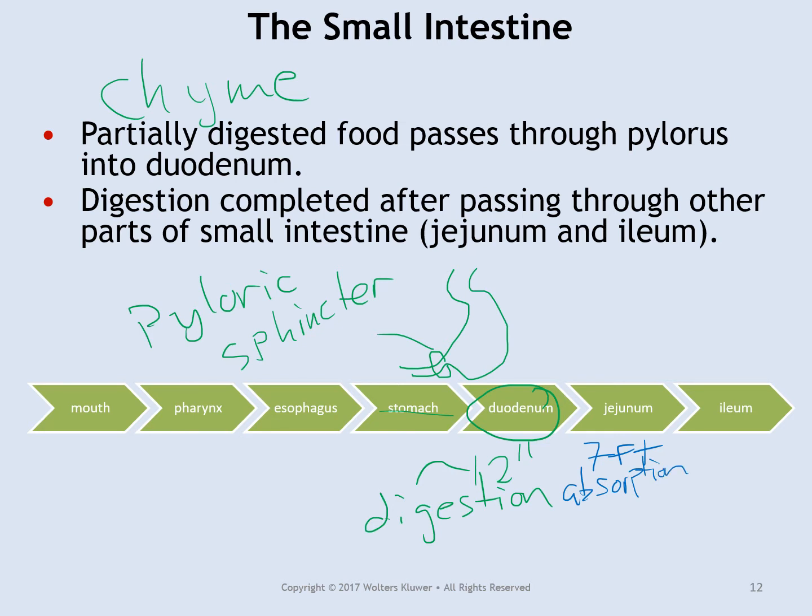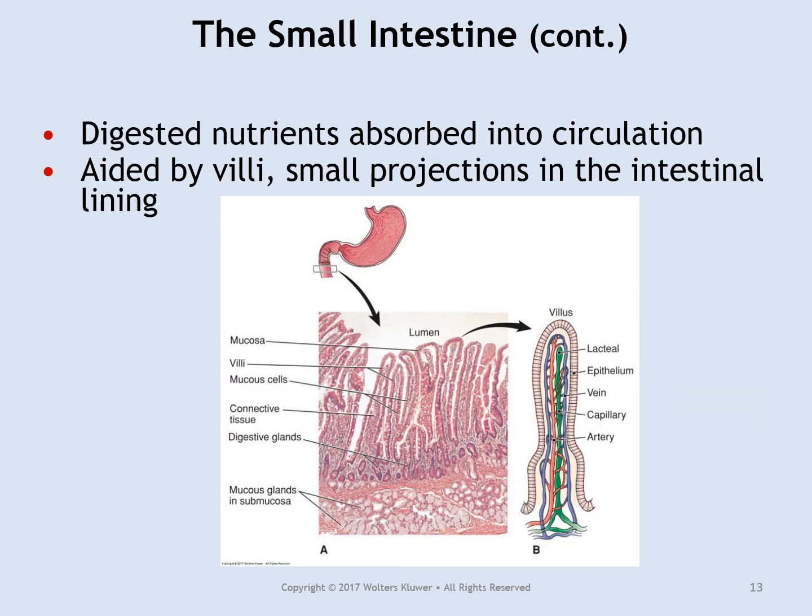And then the ileum is the very last part of the intestine, also about 7 feet long. And the ileum serves to absorb mostly vitamin B12 and some bile salts as well. So your intestines are your main site of both digestion and absorption.